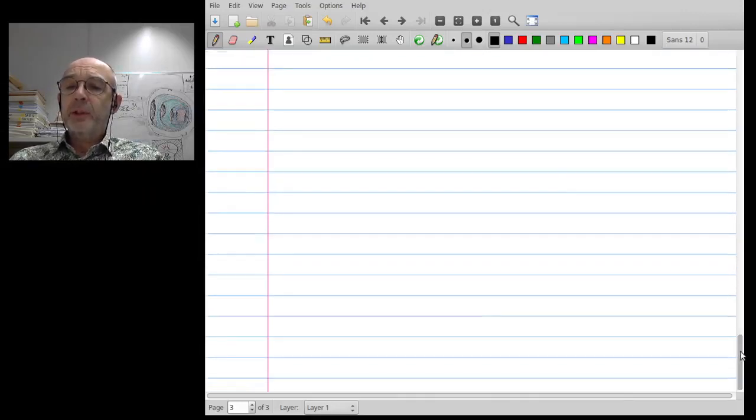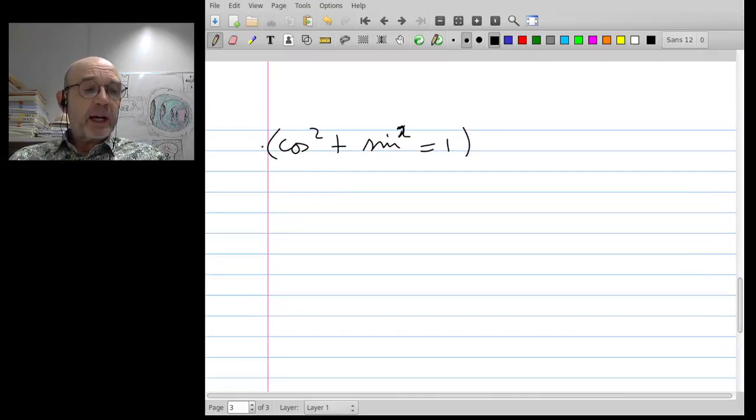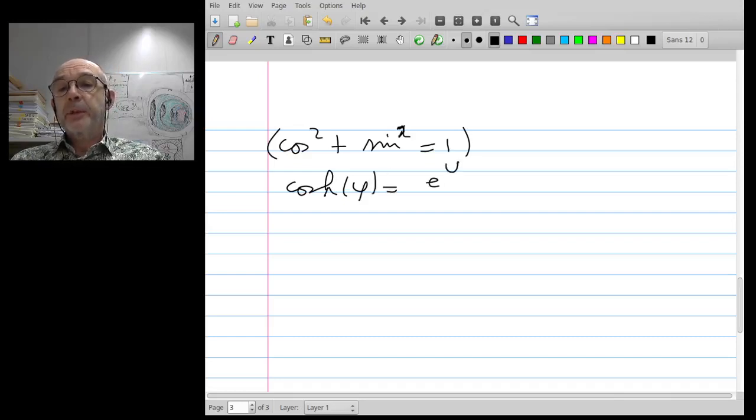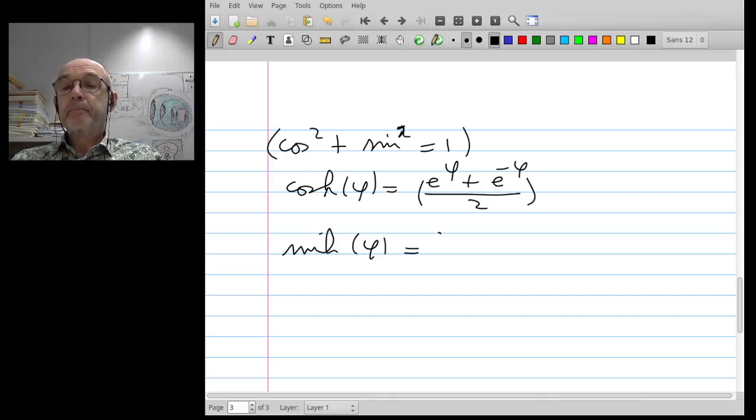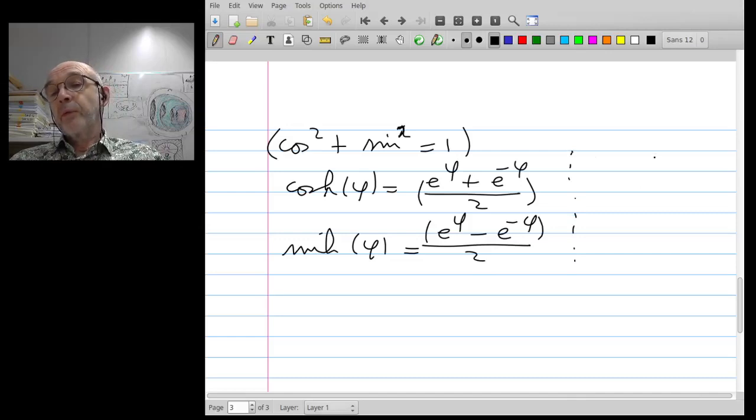But there is something else, and that is the cosine hyperbolic and the sine hyperbolic. The cosine hyperbolic of phi is the exponential of phi plus the exponential of minus phi, divided by 2. And the sine hyperbolic is e to the power phi minus e to the power minus phi, divided by 2. They look a little bit like the cosine and the sine with complex numbers.